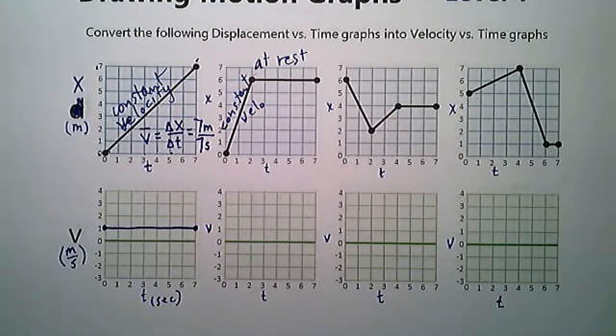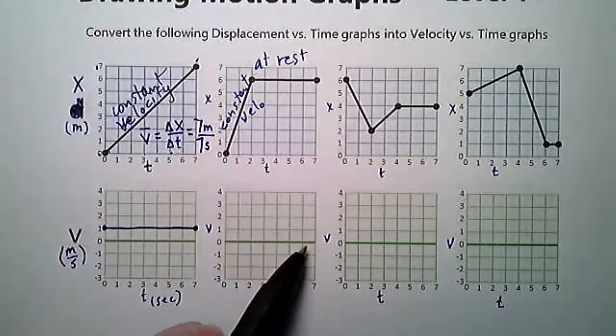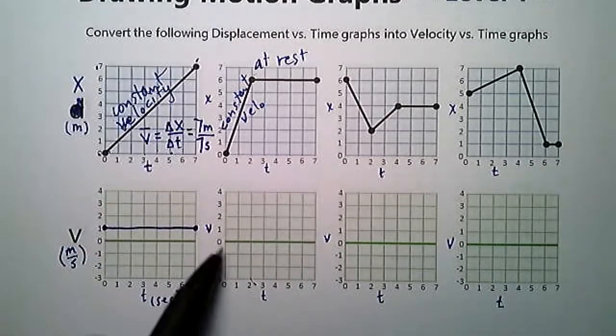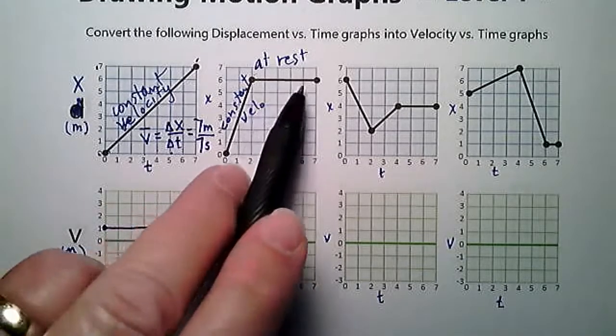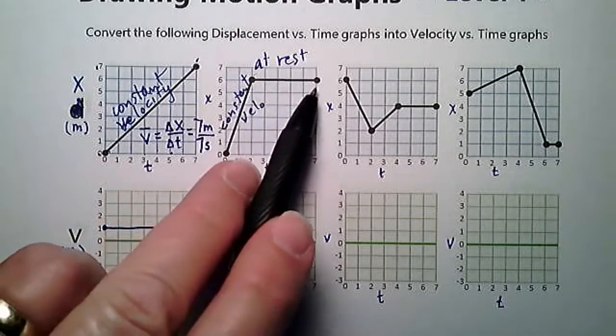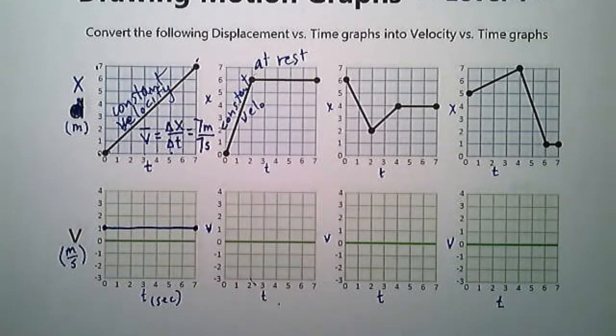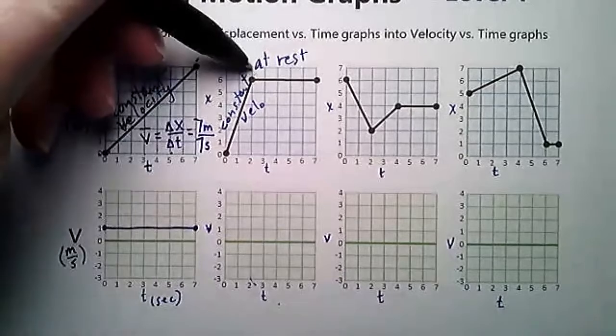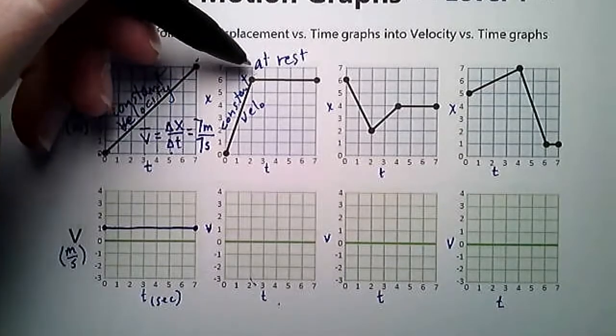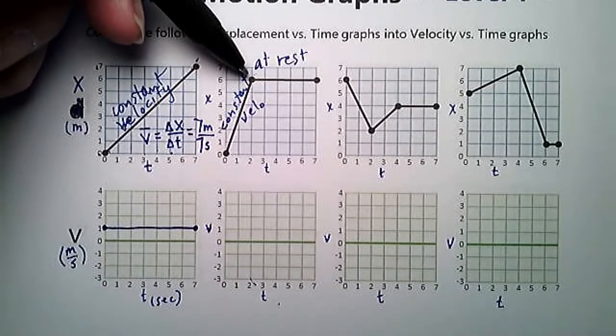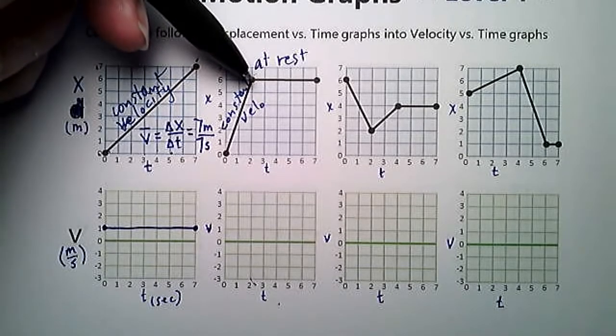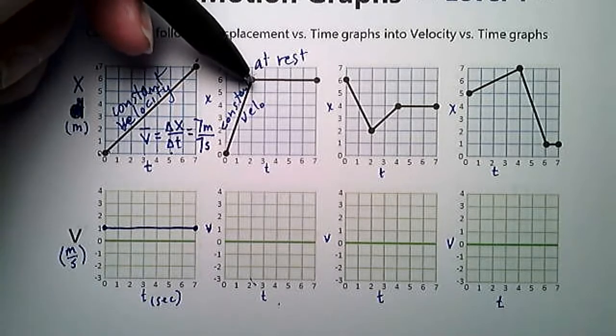Okay, so you know what I'm going to do, when I convert this to a V versus T graph, I'm going to do the last part from 2 seconds to 7 seconds first, because I think it's easier. If I'm at rest here, what would my velocity be if I was at rest? Well, if I'm at rest, my velocity must be 0.